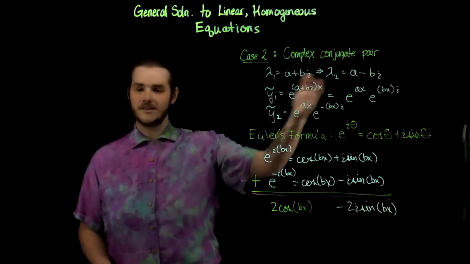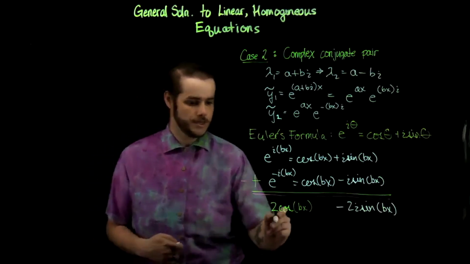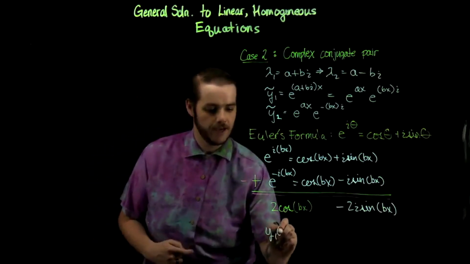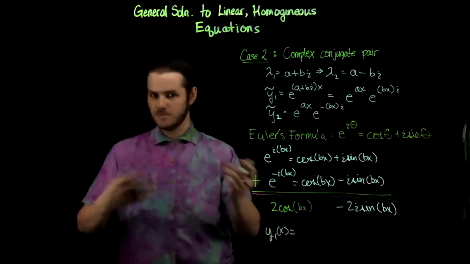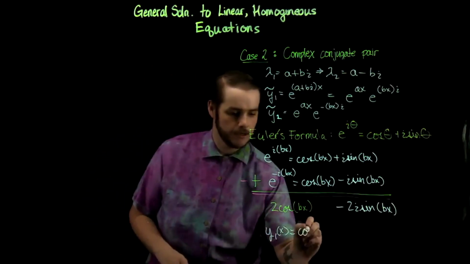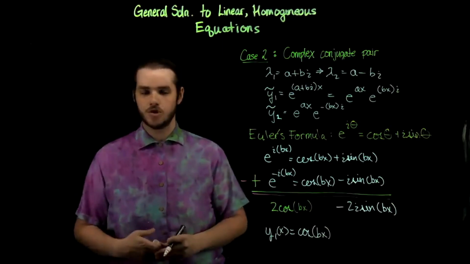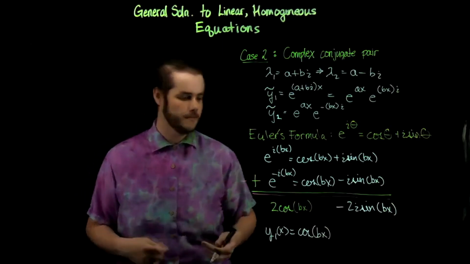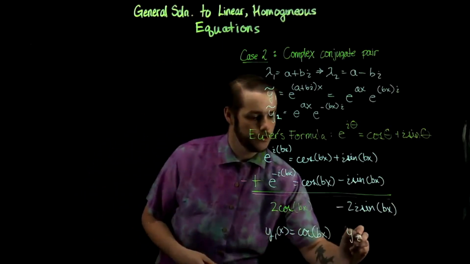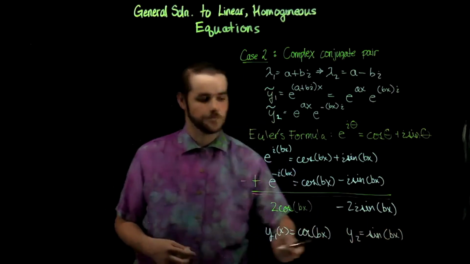So instead of taking these more complicated looking guys, we actually let y1 of x be, I can absorb the 2 into whatever constant I have, so I'll really just write cosine of bx. Similarly, I can absorb negative 2i into whatever constant I might multiply by, so y2 is sine of bx.